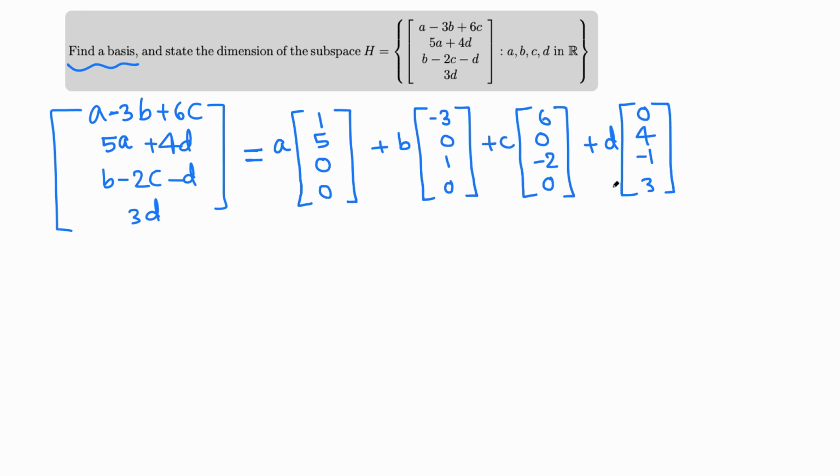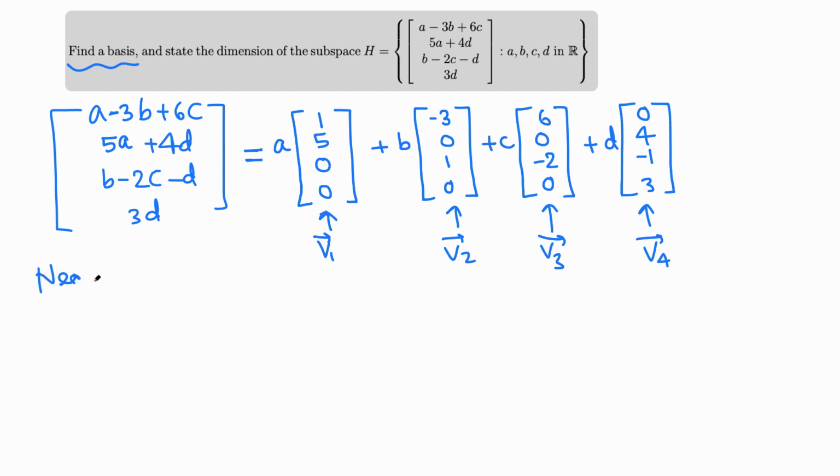If they are, then that will be the basis, and there are 4 vectors, so the dimension will be 4. So we need to check if these vectors, v1, v2, v3 and v4, are linearly independent.